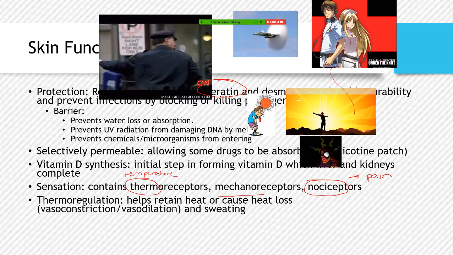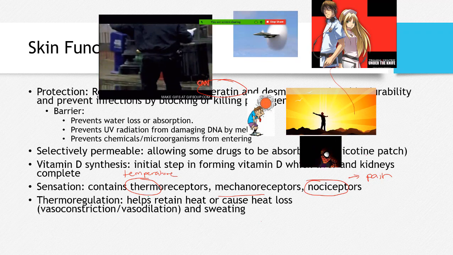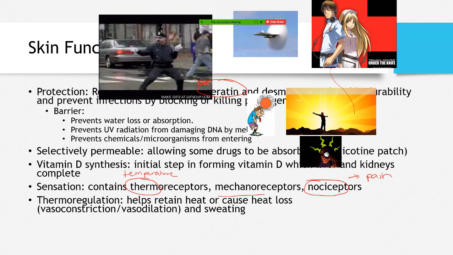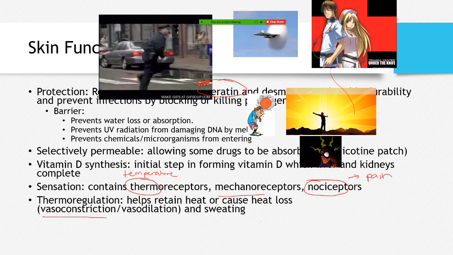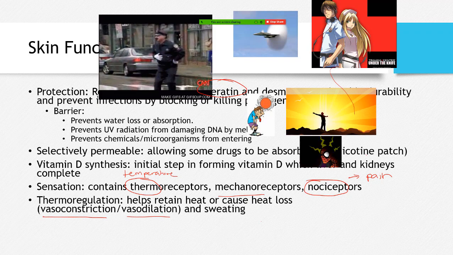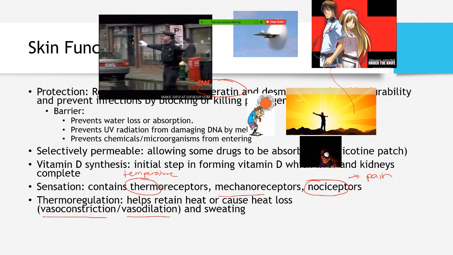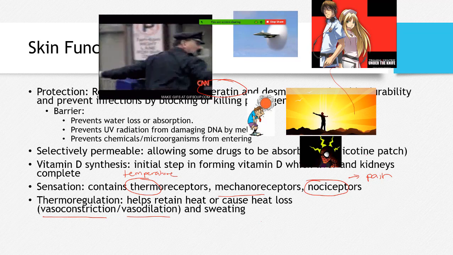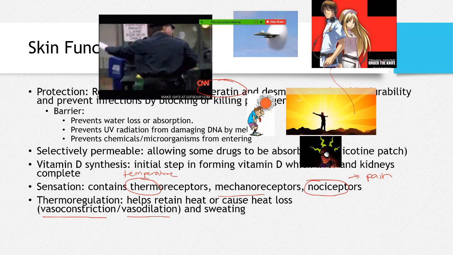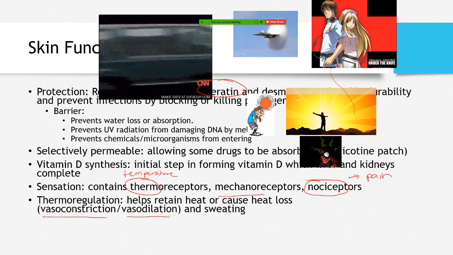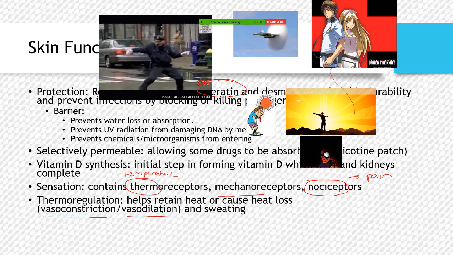It helps us with thermal regulation. Thermal, once again, meaning temperature. So it regulates the temperature. How does it regulate the temperature? Well, it will help with vasoconstriction and vasodilation of the skin. If you vasoconstrict, the blood vessel becomes smaller. If the blood vessel becomes smaller, there's going to be less blood flow to the skin.